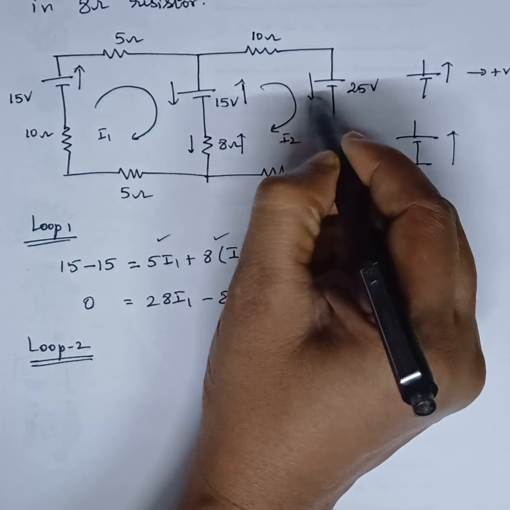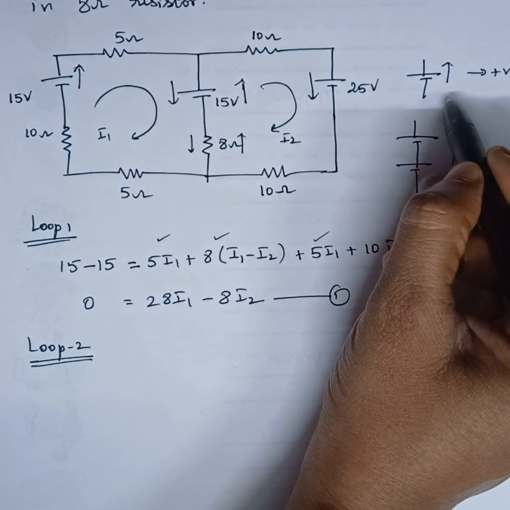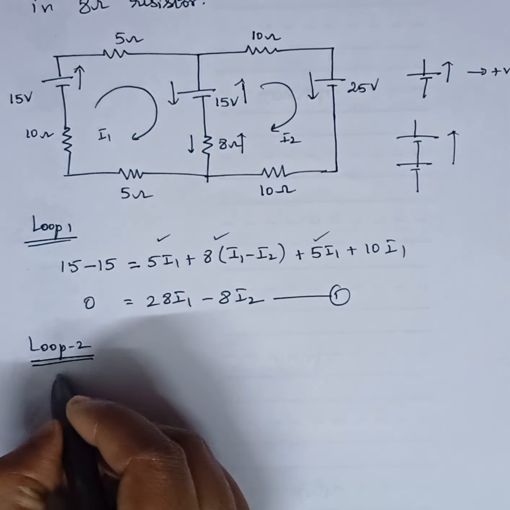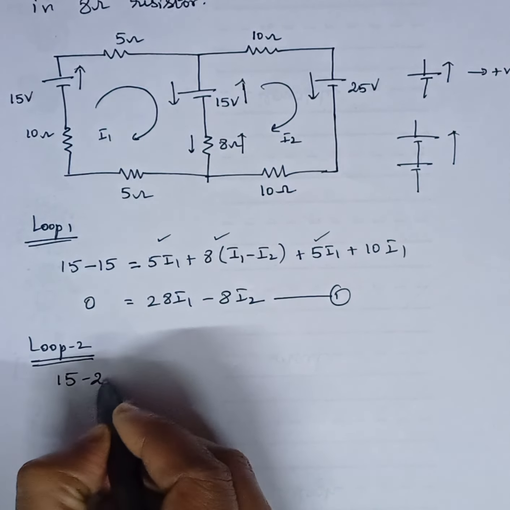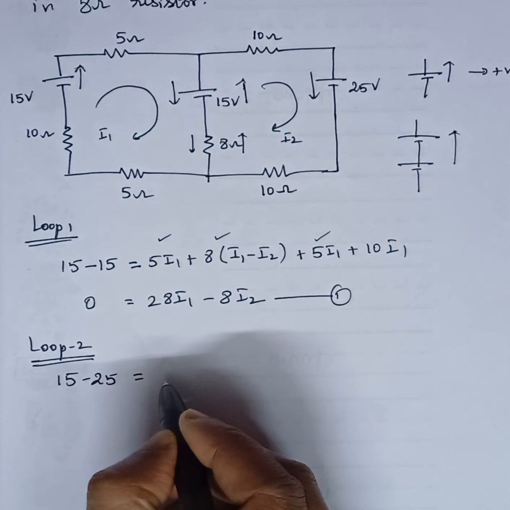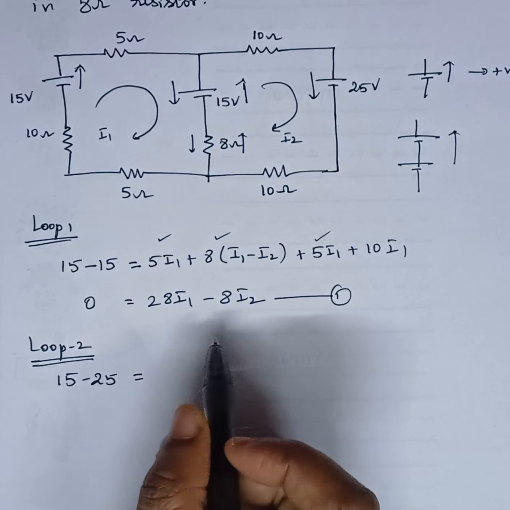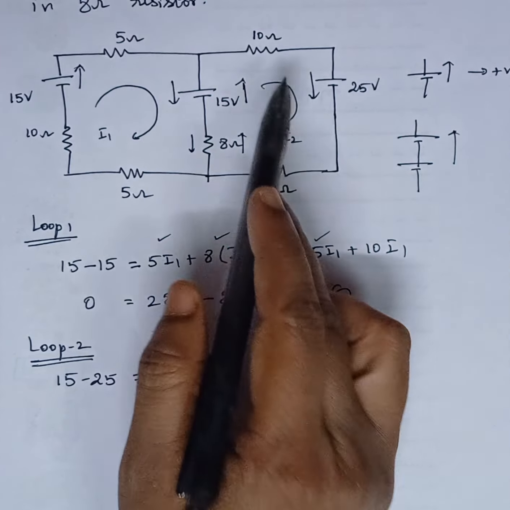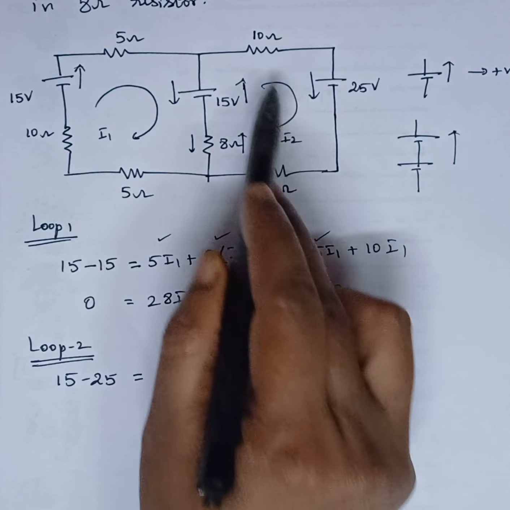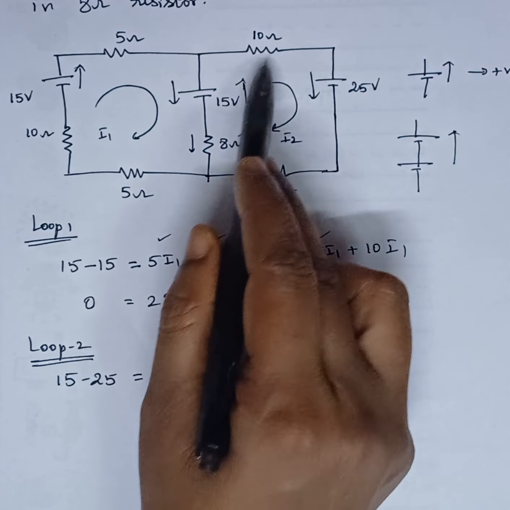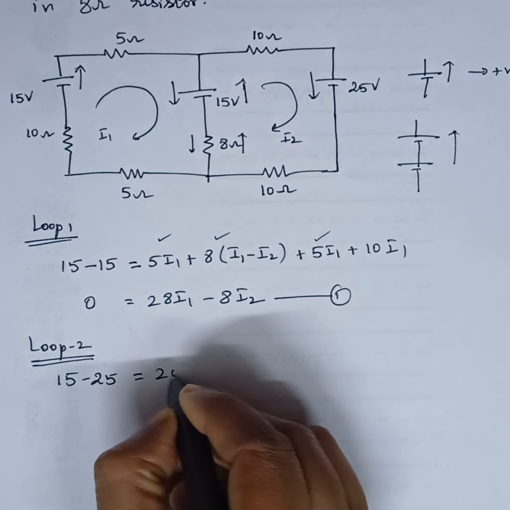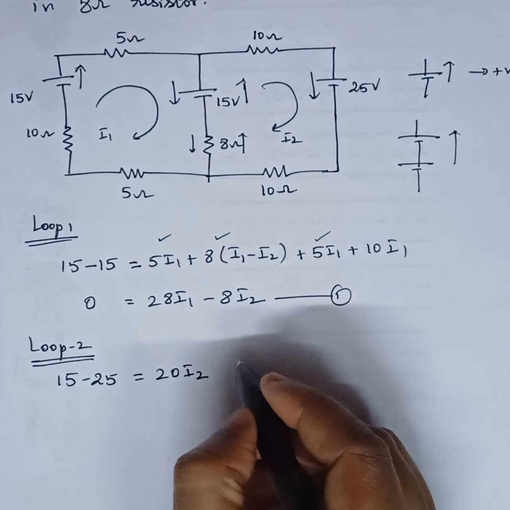Here it is just opposite, as I already explained. So we put this as plus 15 minus 25. This is the algebraic sum of the potential rises, equal to the potential drops across the resistors. Here 10I2, here 10. Both resistors are in series and the current flowing through them is I2, hence we can put this as 20I2.